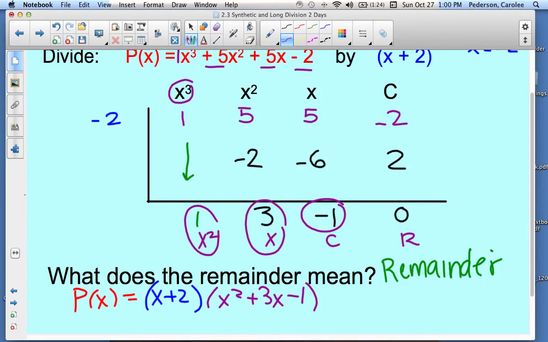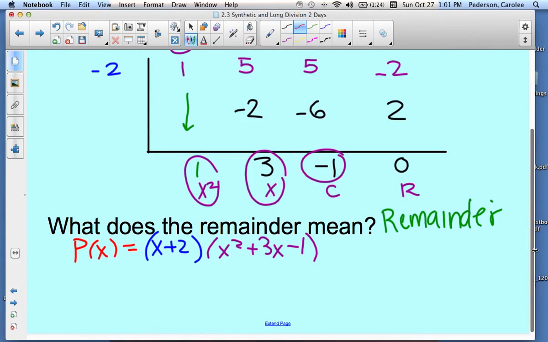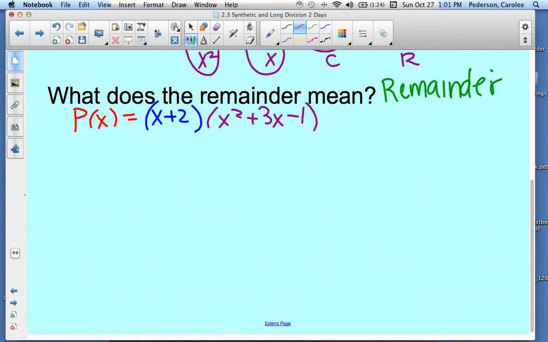If I were to FOIL this purple and blue back together, I would get this original red polynomial. If I wanted to try and continue factoring this purple function here, which is not, to find 2 more zeros of the function. So I factored out the blue from the red function, and now what I'm left with is the purple one.